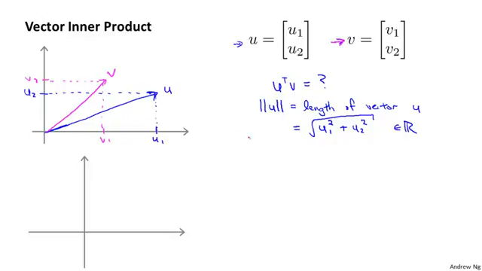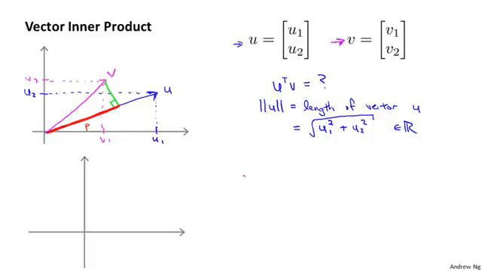Now, let's go back and look at how to compute the inner product between u and v. Here's how you can do it. We're going to take the vector v and project it down onto the vector u. So I'm going to take an orthogonal projection, or a 90-degree projection, and project it down onto u like so. And what I'm going to do is measure the length of this red line that I just drew here. So I'm going to call the length of that red line p.